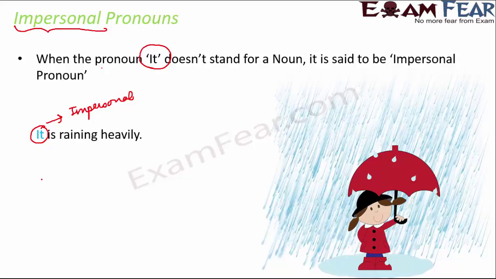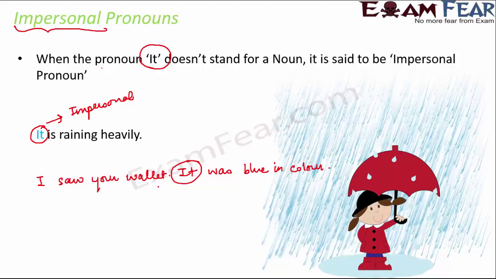Let us look at this example. I saw your wallet. It was blue in color. So in this case, the word it actually is used in place of the noun wallet. I mean, the other way of writing it is, I saw your wallet, your wallet was blue in color.